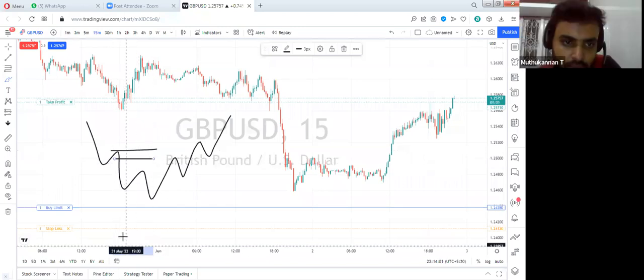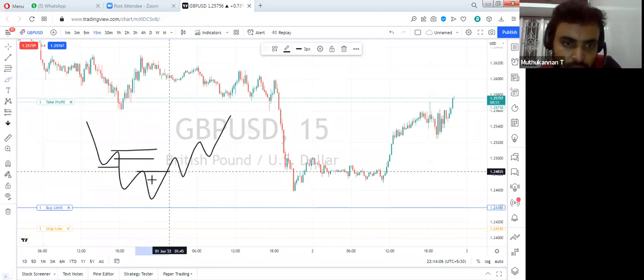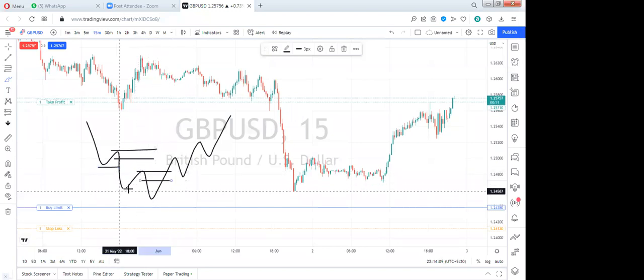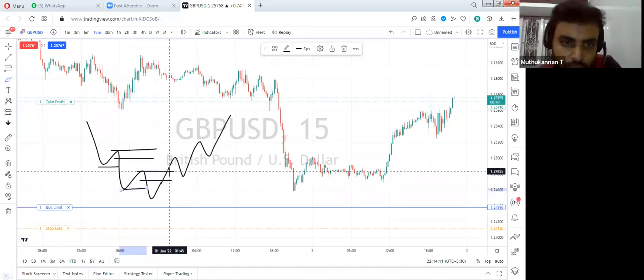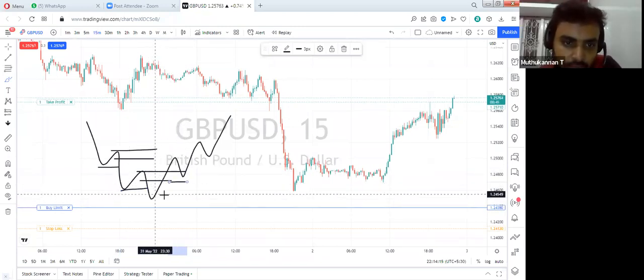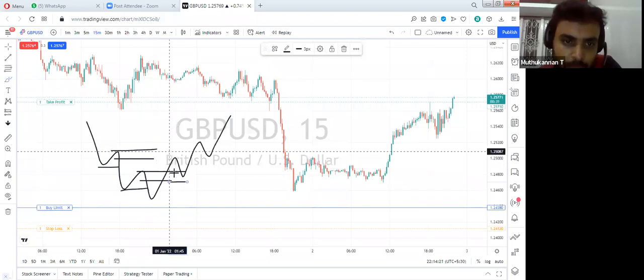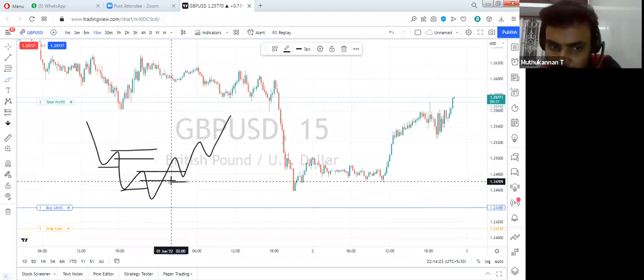Breakup structure happened. Similarly, this is also your order block. Breakup structure happened. So now what happened? This order block has failed, right? It is broken, and it becomes, you can say, a breaker block.